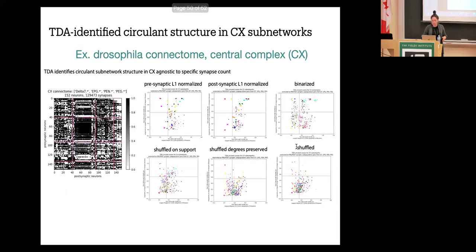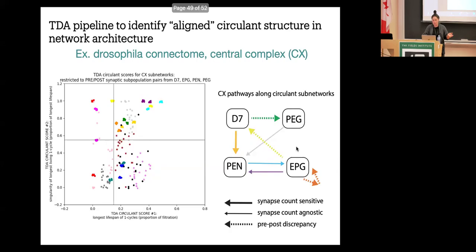I did some normalizations and controls, shuffling the values, normalizing, binarizing the connectome. That allowed me to say that the arrows that are fat are sensitive to the specific synapse count, whereas the arrows that are thin are robust to binarizing the connectome, and I still see that circulant structure. So that's pretty wild and interesting.